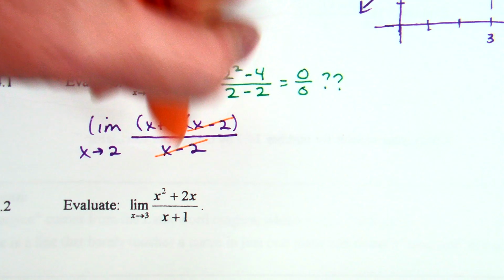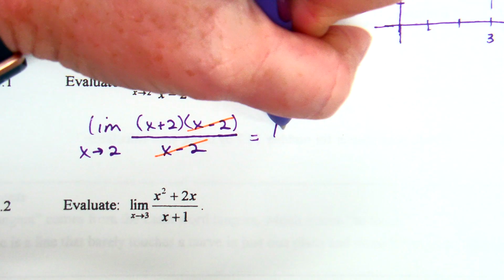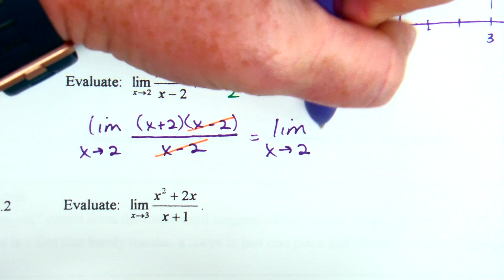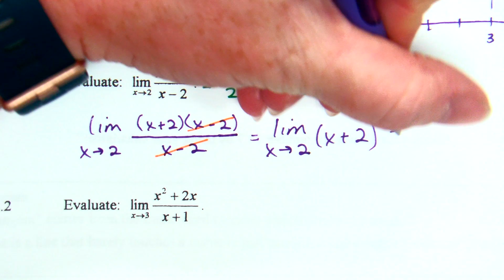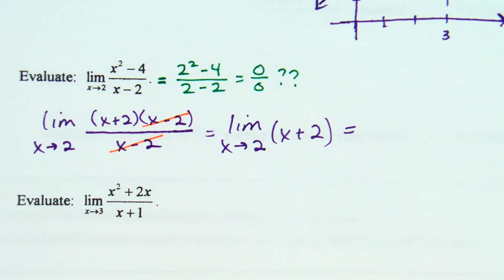The x minus 2's cancel. So now, it's the limit as x approaches 2 of x plus 2. Four. Plug the value in now.